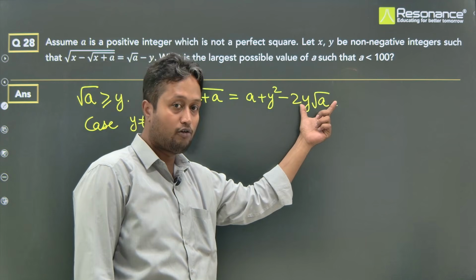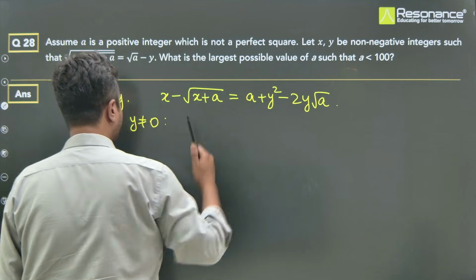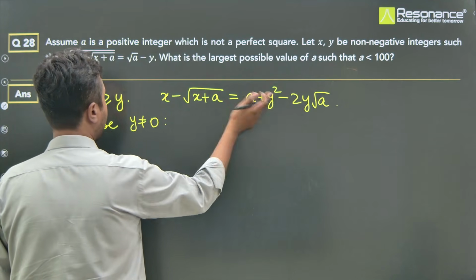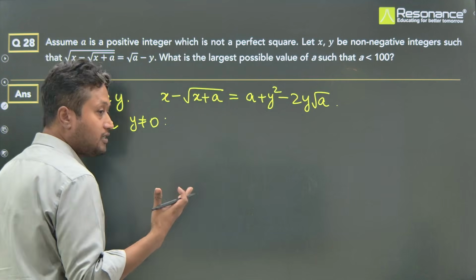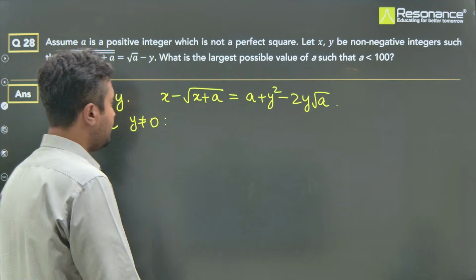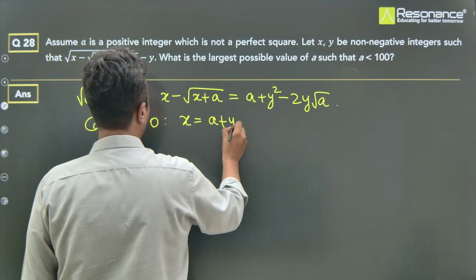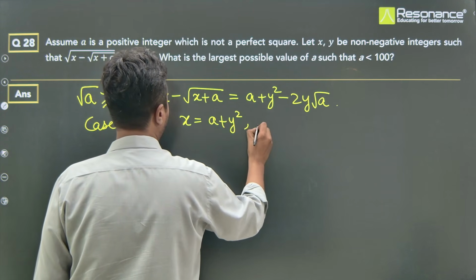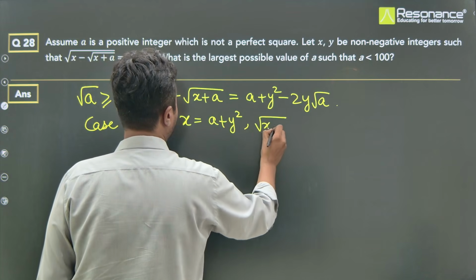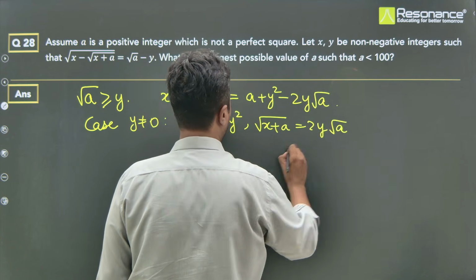You have some root of some square free number still on that side. So what should be happening is these two quadratic surds must be equal to each other, which means their conjugates should also be equal to each other. So if you work that out, you'll realize that these two numbers should really match up, and square root of x plus a must be equal to 2y square root of a, right?